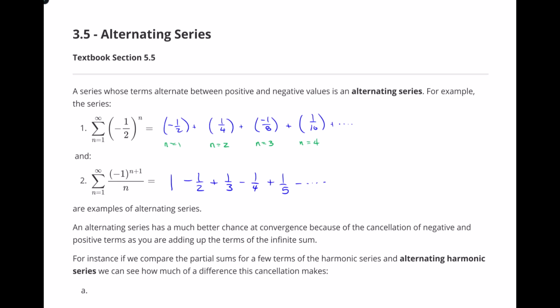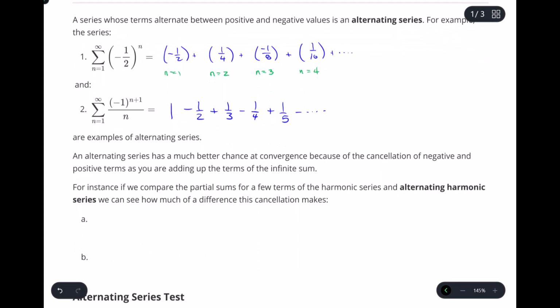When it comes to testing convergence of alternating series, it turns out that an alternating series has a much better chance at convergence because of the cancellation of negative and positive terms as you're adding up the terms in the infinite sum. So let's compare a few partial sums of the harmonic series and the alternating harmonic series.